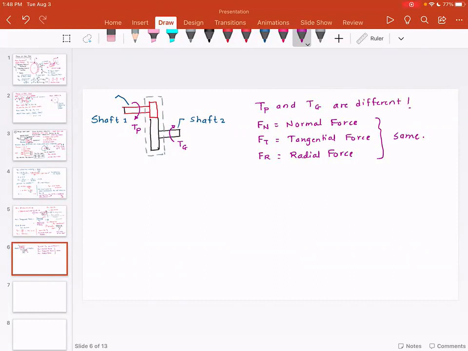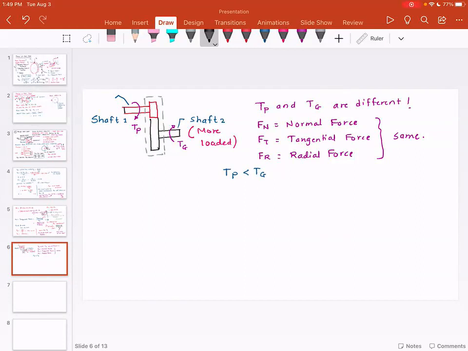So if you think about it, since torque on the pinion is less than torque of the gear, the gear shaft is severely loaded, more loaded compared to pinion. So just to be on the safer side, we can design the gear shaft, as this is severely loaded.